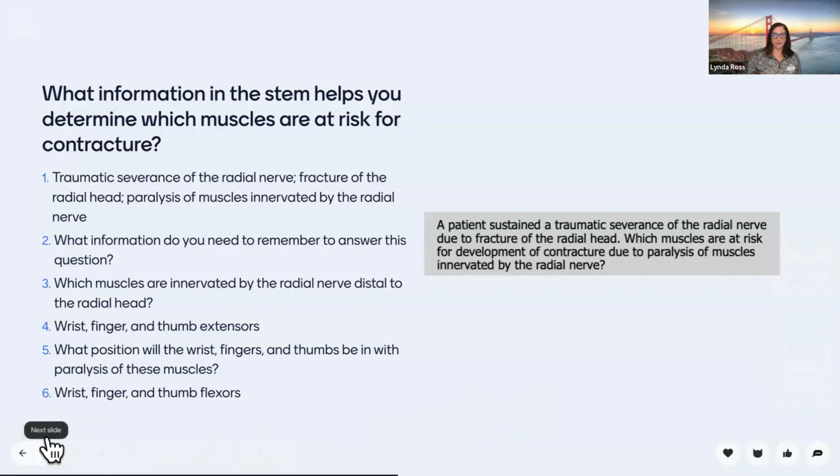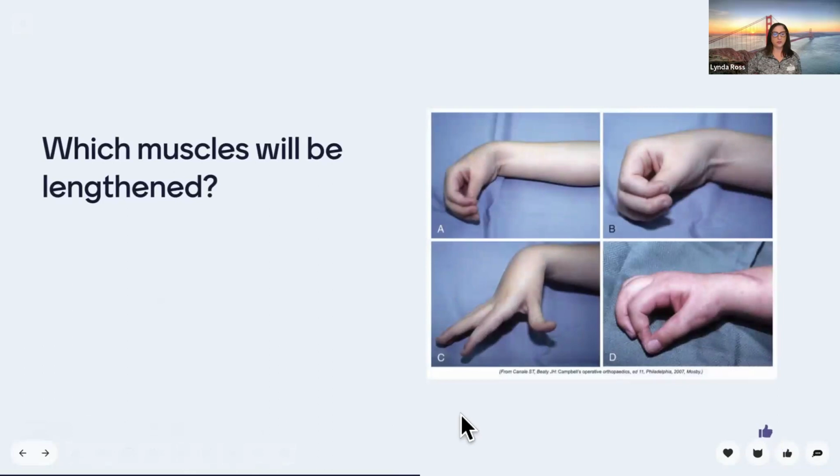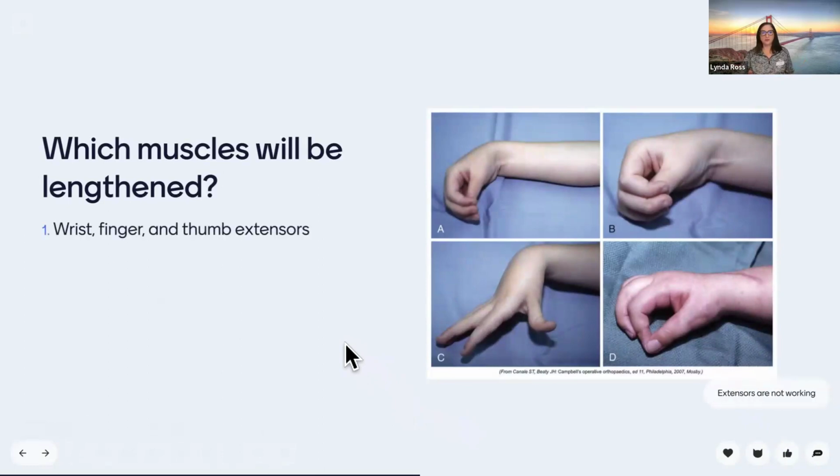I know I have that somewhere. It's probably on the next slide, probably giving away answers here. There we go. So which muscles will be lengthened? This is really key. Going back to your extensors, excellent. So you go back to therapeutic interventions, your biomechanics, the positioning of that wrist being in flexion. So wrist, finger, and thumb extensors, right? That's right, because the extensors are not working.